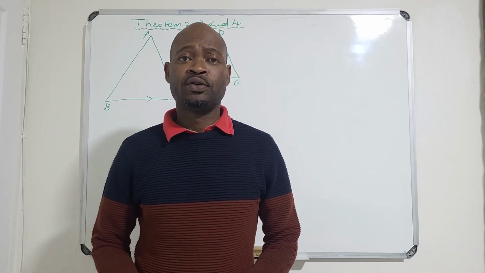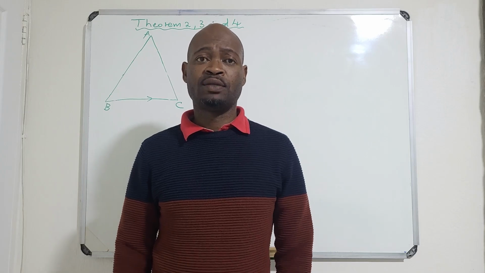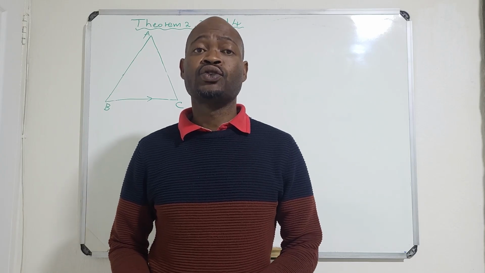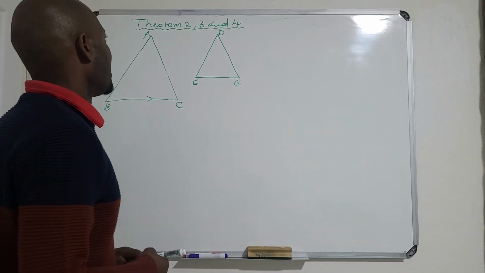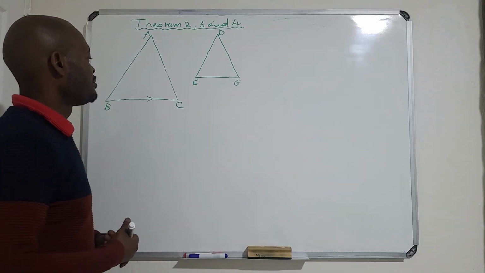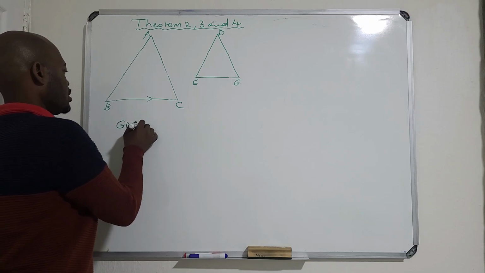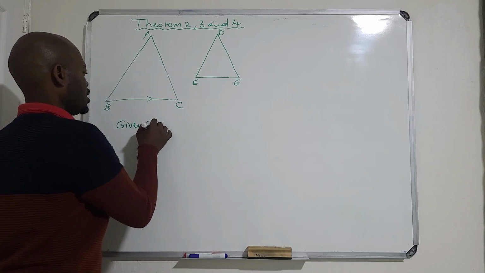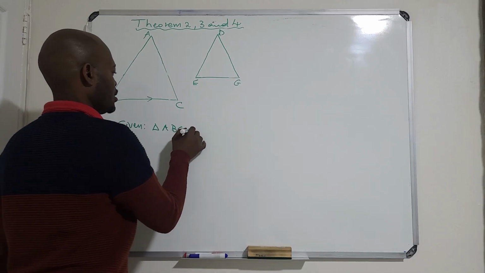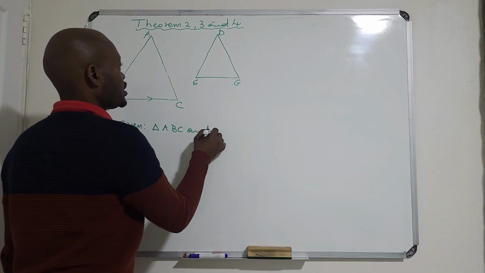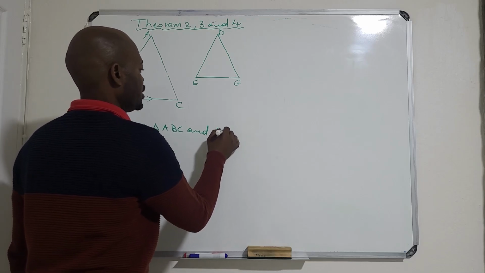Now, let's prove theorem number 3, which states that when the corresponding sides of two triangles are in proportion, then they are similar. For us to prove theorem number 3, we are given triangle ABC and triangle DEG.